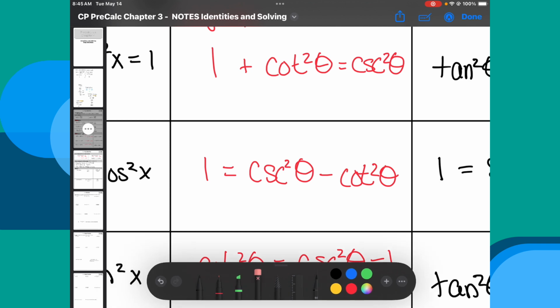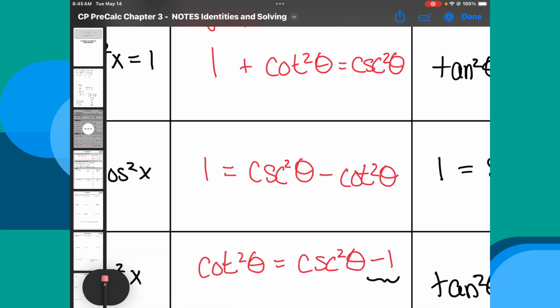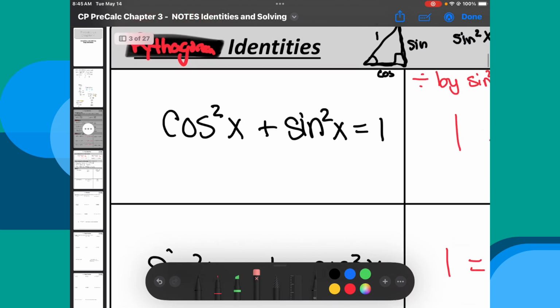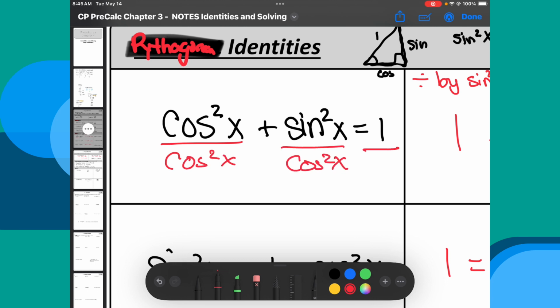Again, going back to the original Pythagorean identity, cosine squared plus sine squared is equal to 1. If we come through and divide by cosine squared, we would get our last set of Pythagorean identities.